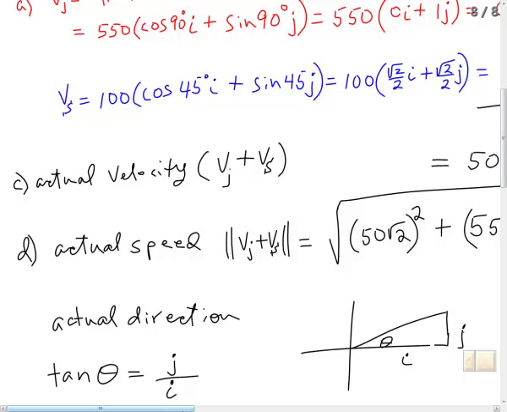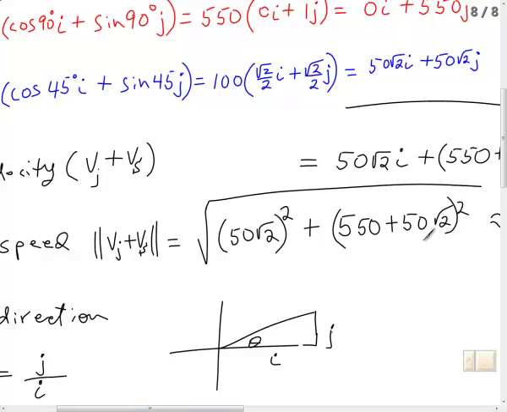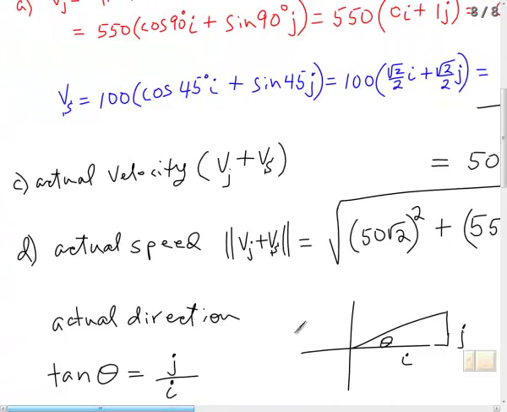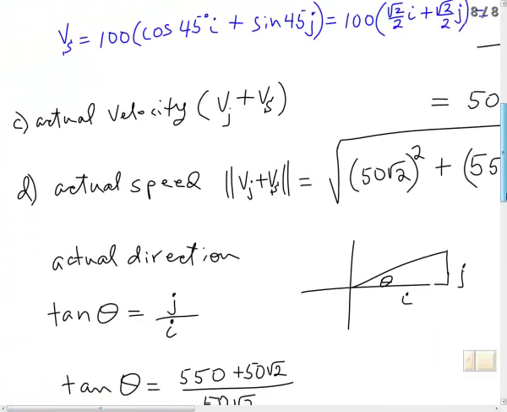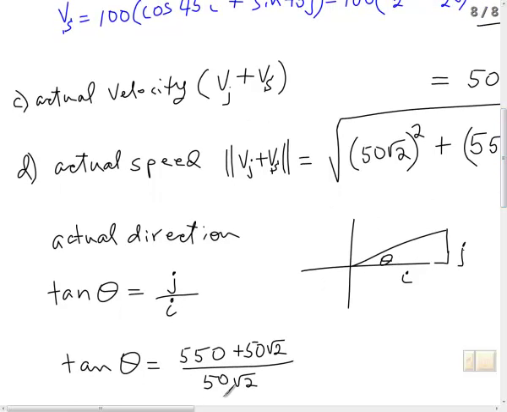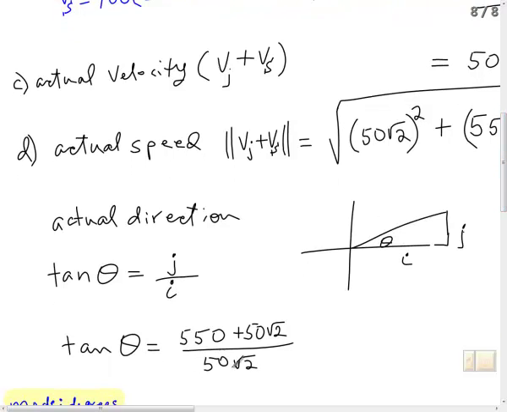And so since we know that the j was the 550 plus 50 square root 2, that's going to go in the numerator. And the 50 square root 2, that's our i, that's going to go in the denominator. And so this is opposite over adjacent here.